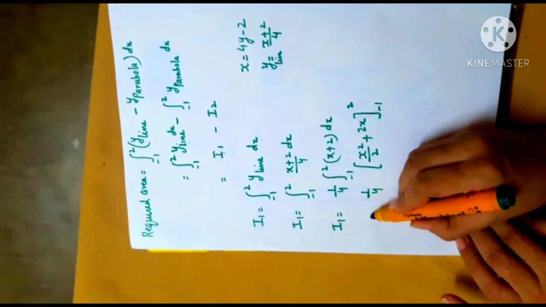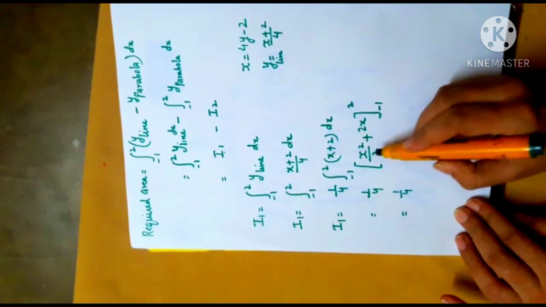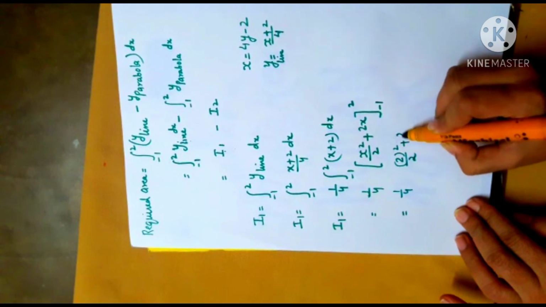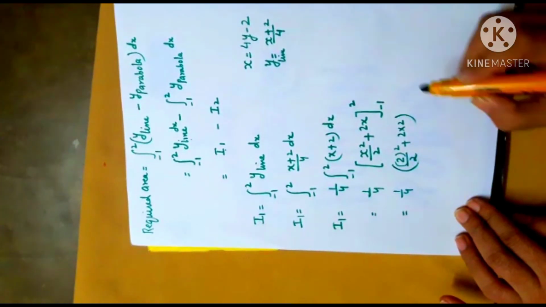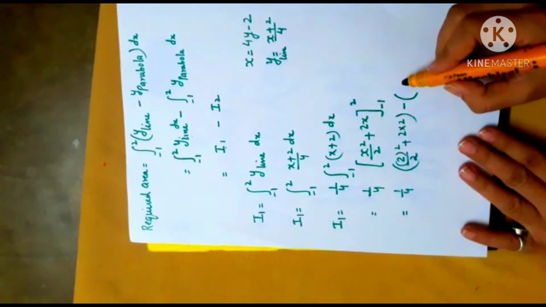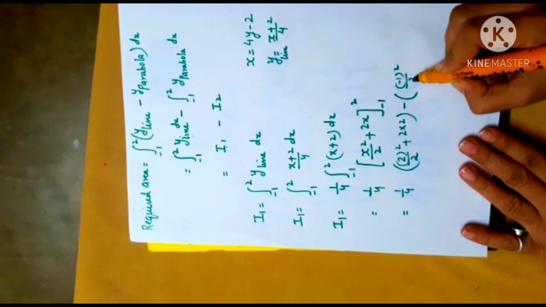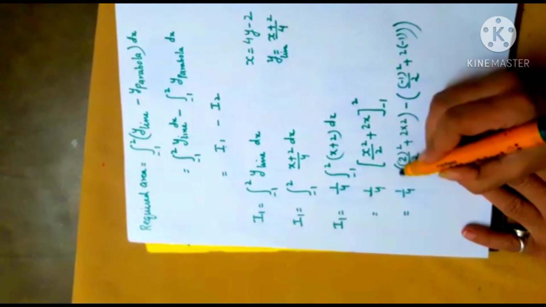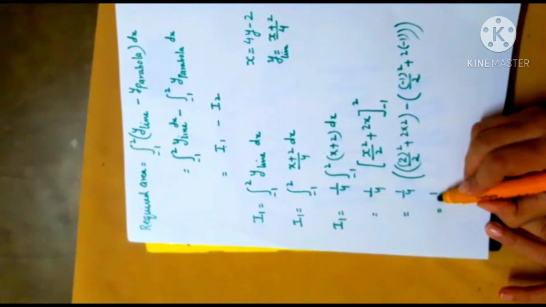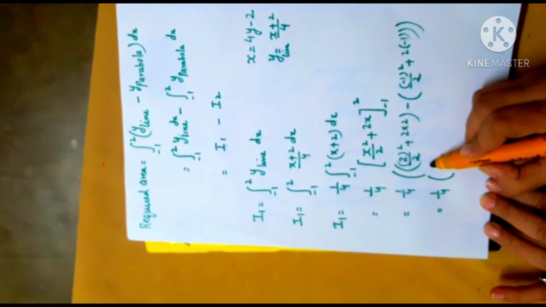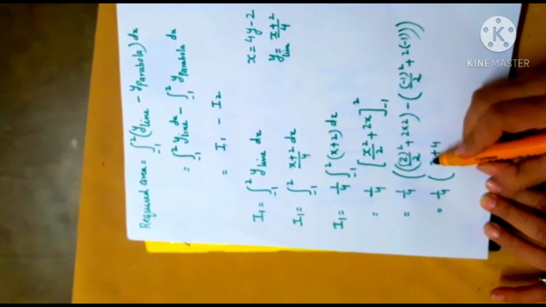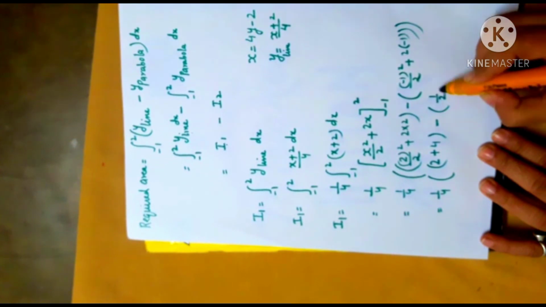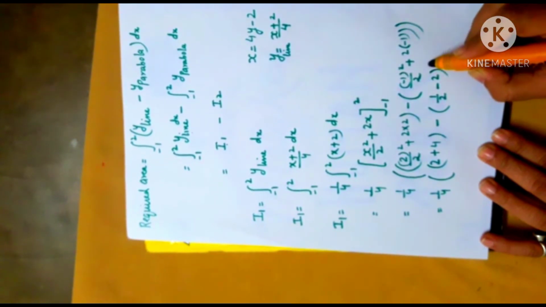Now I'll compute the value at the upper limit. So I'll replace x with 2. It's 2 square over 2 plus 2 into 2. This is the value at the upper limit, minus the value at the lower limit, which is (minus 1) square over 2 plus 2 into minus 1. So I'll get 1 by 4, it's 2 plus 4 minus (1 by 2 minus 2).